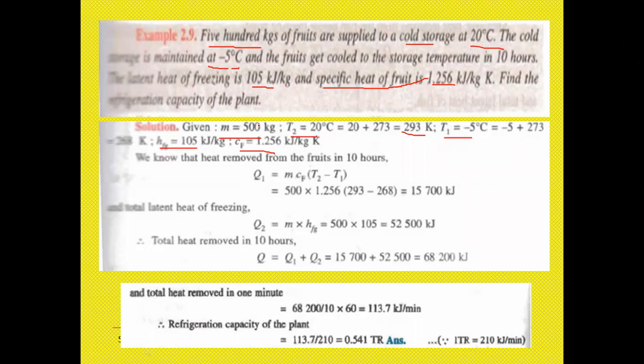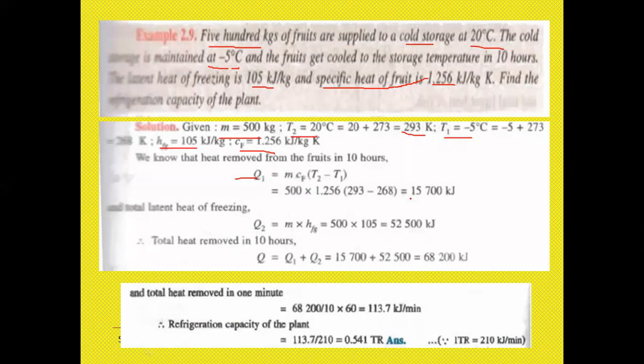Now the solution is heat removed from the fruits in 10 hours. So in 10 hours, how much heat is removed from the fruits? Heat removed Q1 is equal to M of CF (T2 minus T1). Therefore 500 into 1.26 into (293 minus 268).